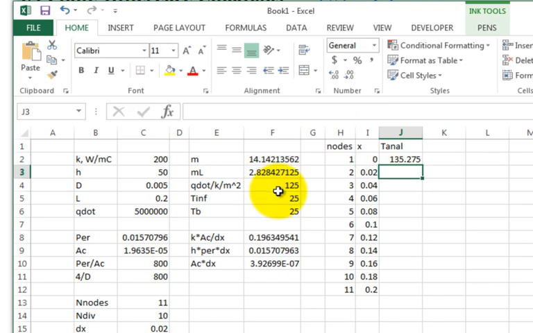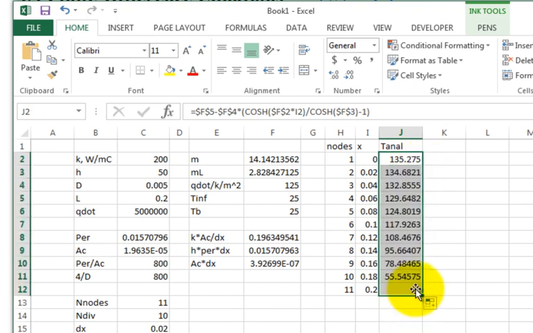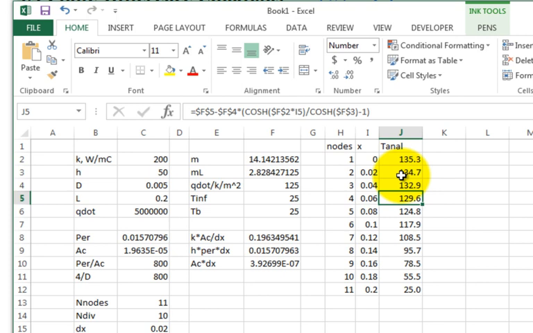Here we go. That's a number. Take that formula, drag it down, and it looks like we have too many digits. Clean it up a little bit, and I can click on this cell and check it. So there's the analytic solution.